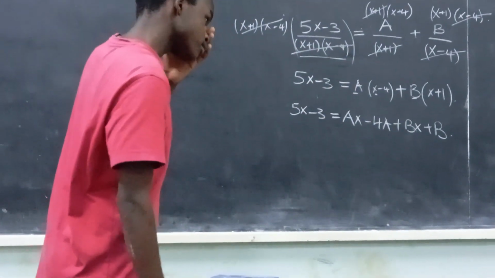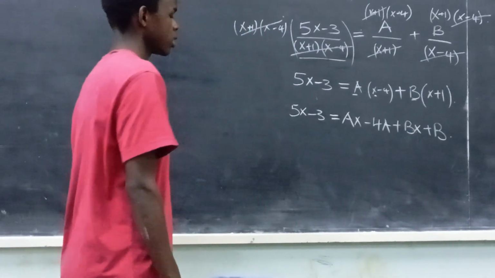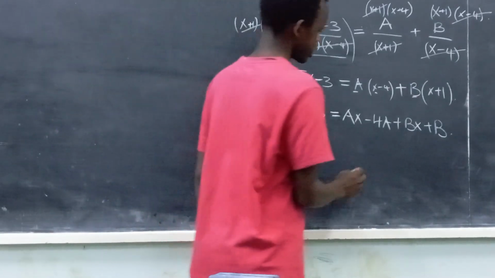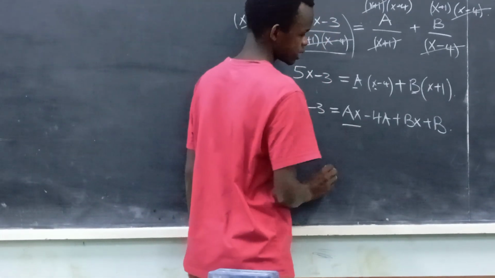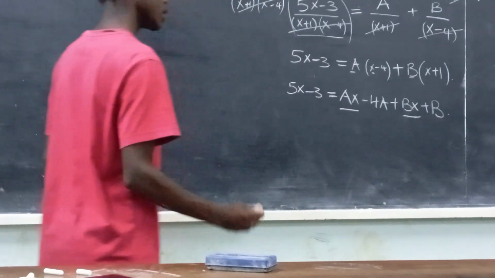So from there, how do we find our a and b? We'll have to choose the coefficients. For example, this part has an x, this part has an x. We place it aside.